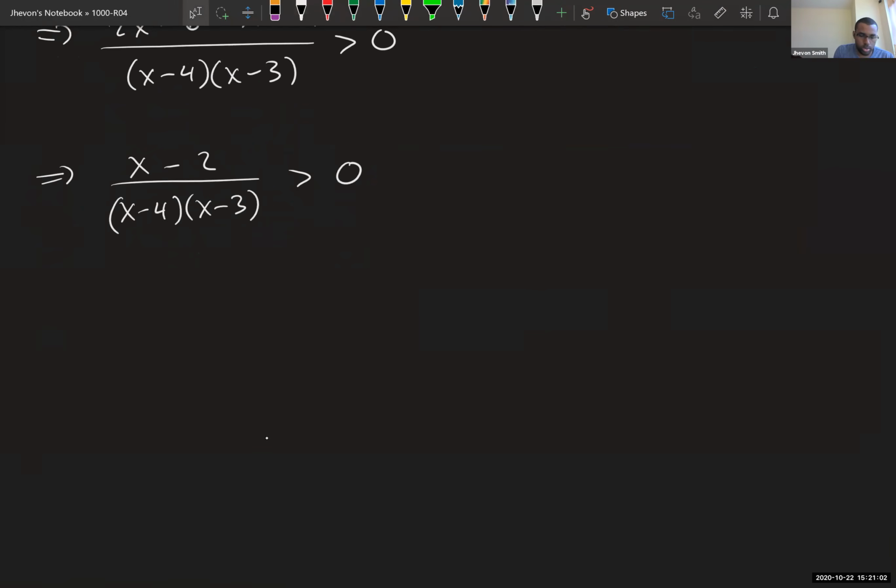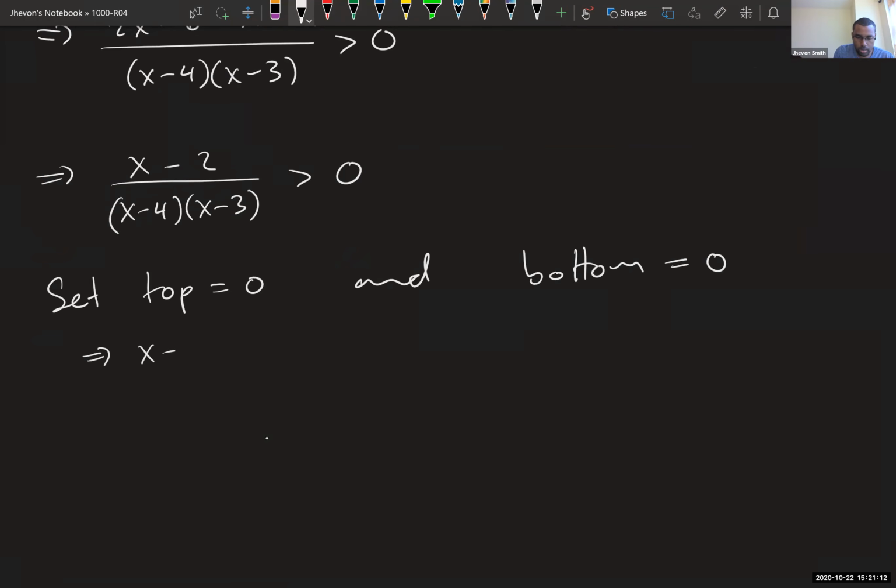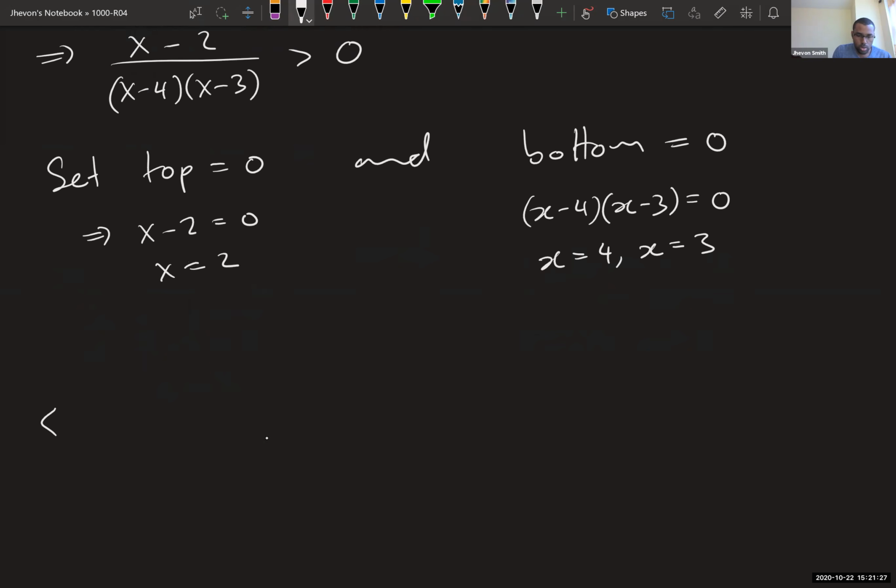And so now what you do is you set top equal to 0, and bottom equal to 0. So this means you need x minus 2 equals 0, so x equals 2. Here you need (x minus 4)(x minus 3) equals 0, so x equals 4 or x equals 3. So now you test these.